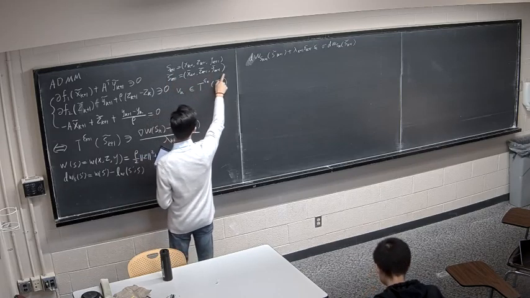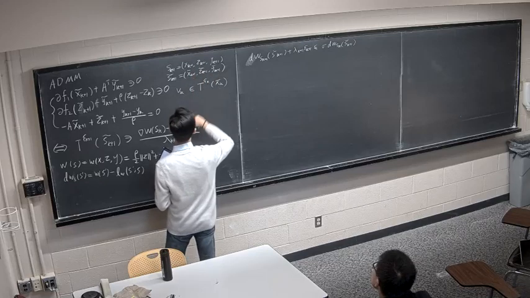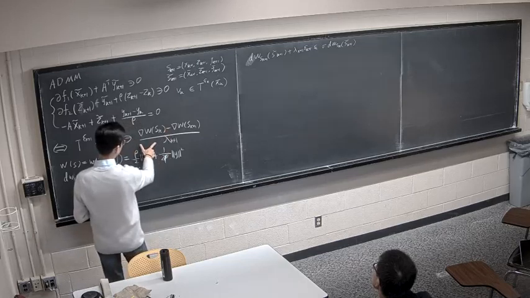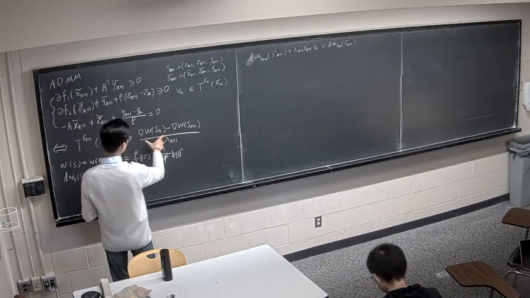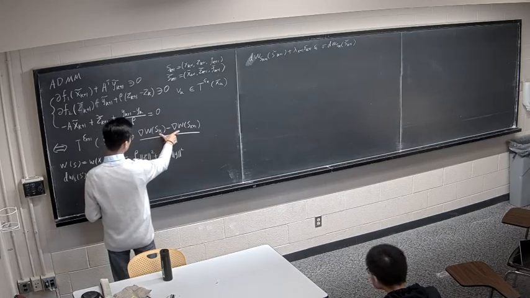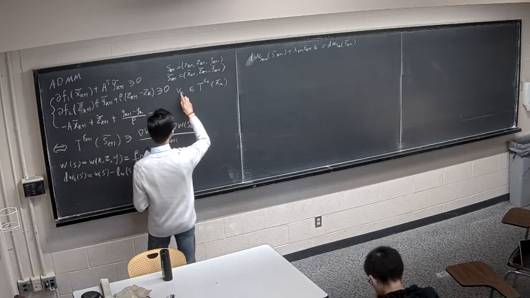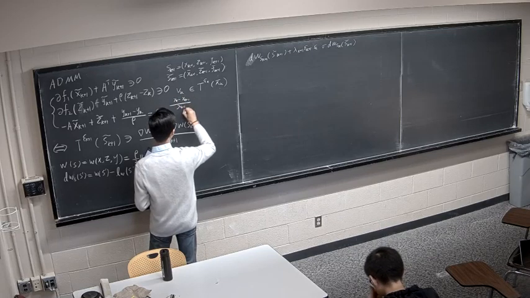And this is a pair including both primal and dual variables. And this v, in our case, is this ratio: the difference between two gradients of W at s_k and s_{k+1}, divided by lambda_{k+1}. Previously, what we had is something like x_k minus x_{k+1} divided by lambda_{k+1}.